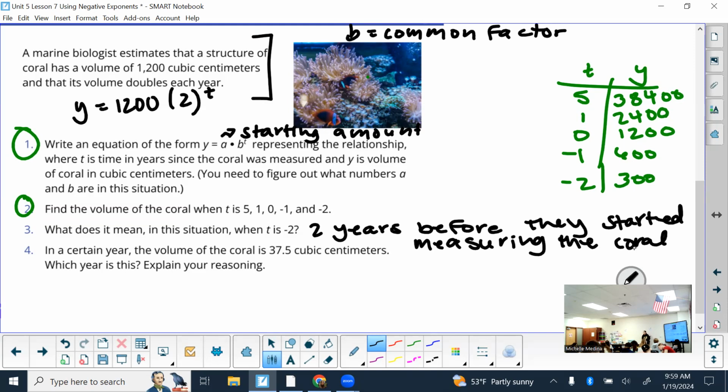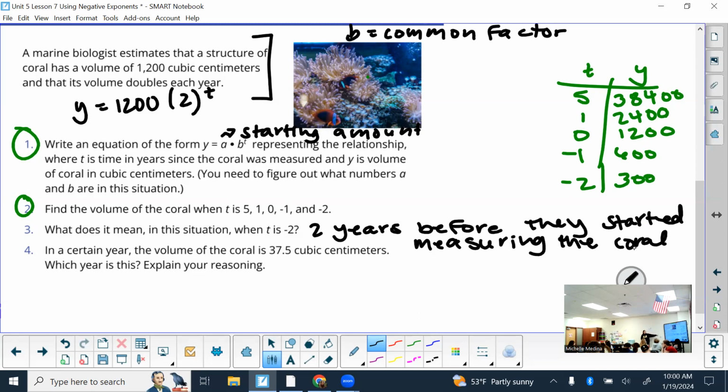It could be hours, it could be days, but in this situation, it's years. So 2 years before they started measuring. It didn't tell you what year, so say they started measuring in the year 2000. 2 years prior would be 1998. So you can still get values, it just depends on where they started measuring.